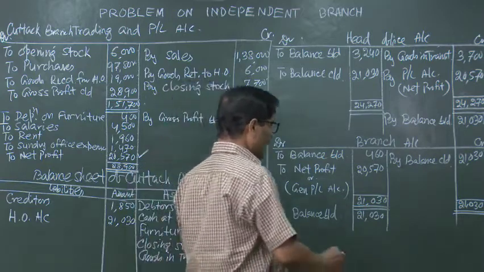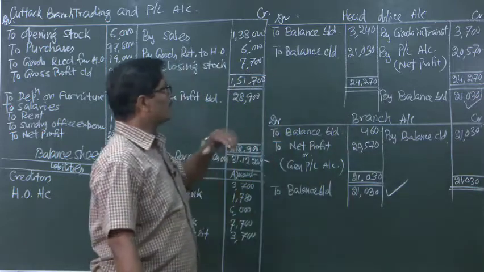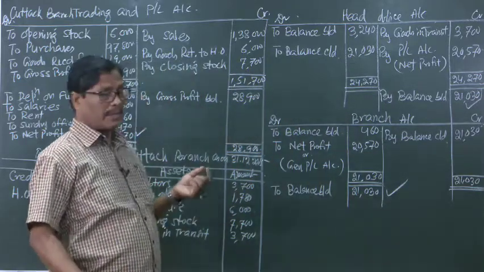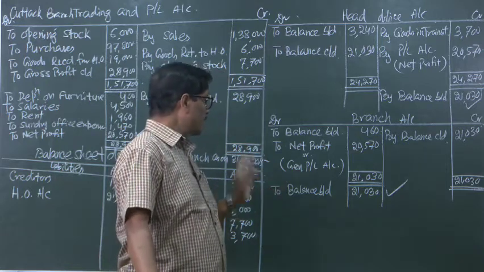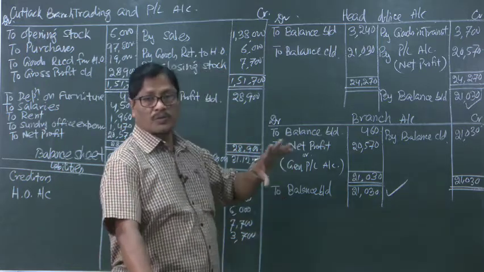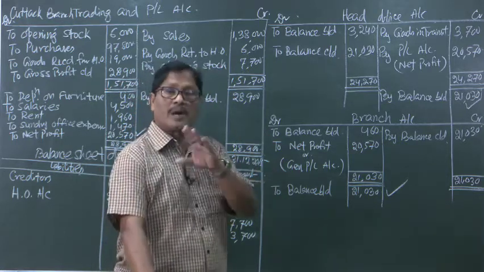So, here you can mark and be satisfied that both the balances agree, that is, the head office account balance in the branch books and the branch account balance in the head office should be equal. So far as the numerical figures are concerned, they should be equal, but in opposite direction.